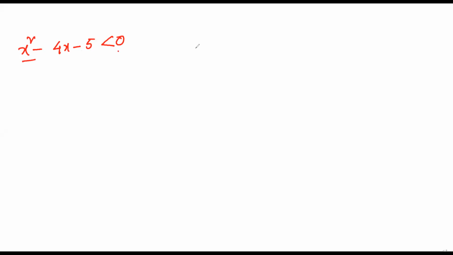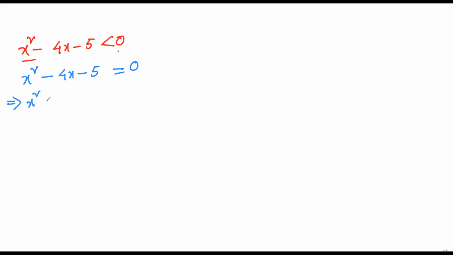Find the set of values of x where the curve is less than 0. So how can we find it? At first we have to solve this equation. So x square minus 4x minus 5, we have to write equals to 0. Then this is the equation. We have to solve it. Now how can we solve it?